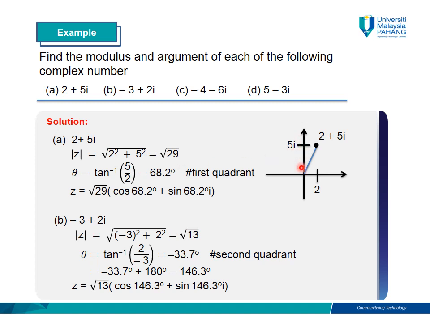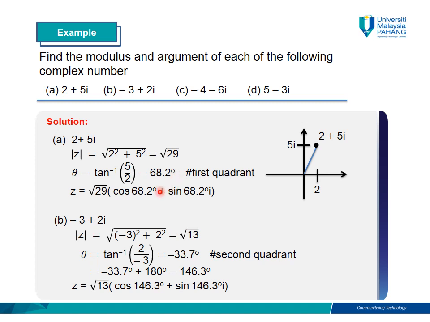First you need to draw, because you want to know whether this complex number is in the first, second, third or fourth quadrant. Because both are positive, it is in the first quadrant, so 2 here, 5 here. For the first quadrant we use the simple formulation. So theta equals arctangent 5 over 2, then we get 68.2 degrees.